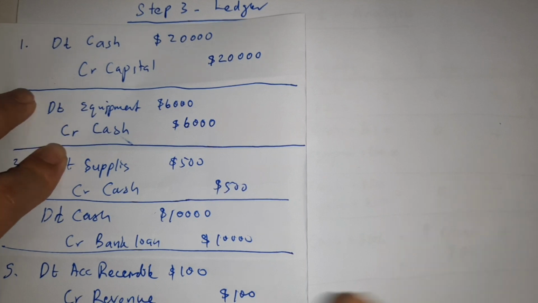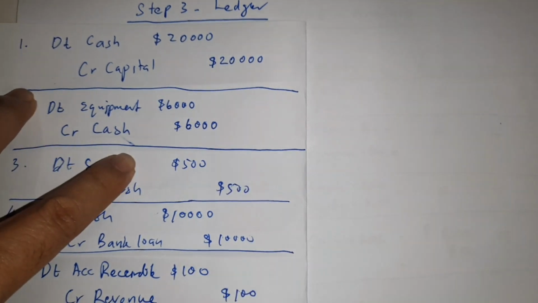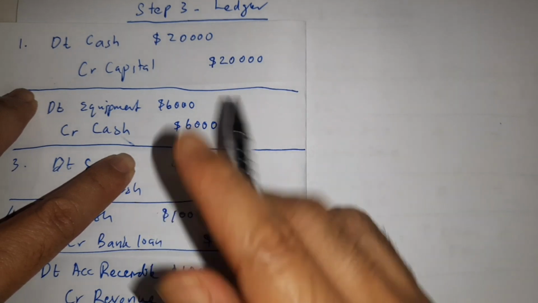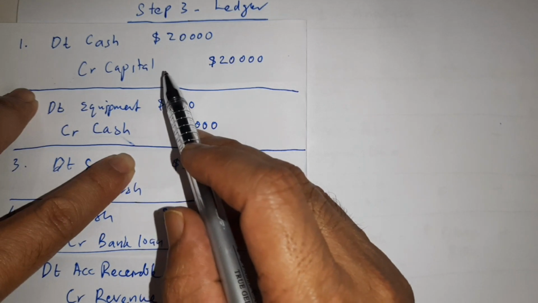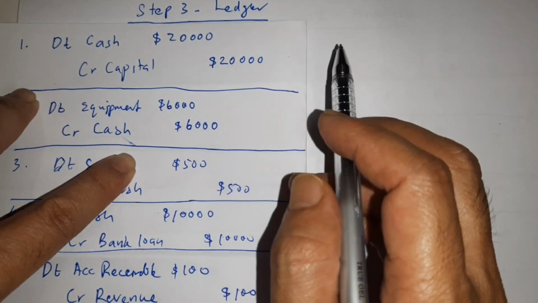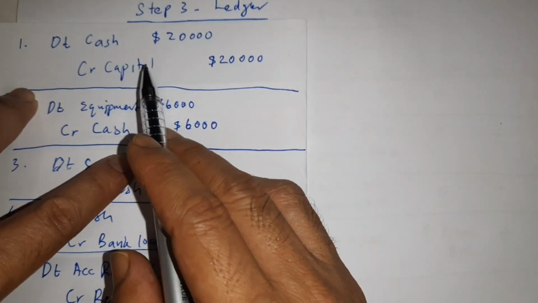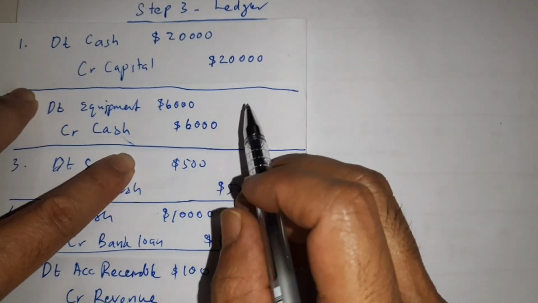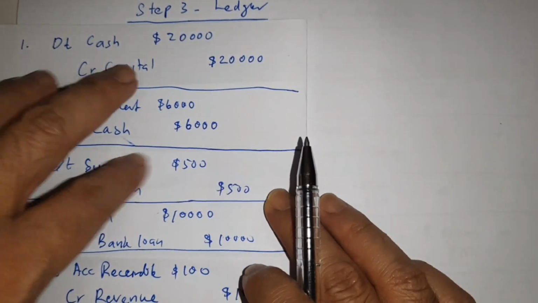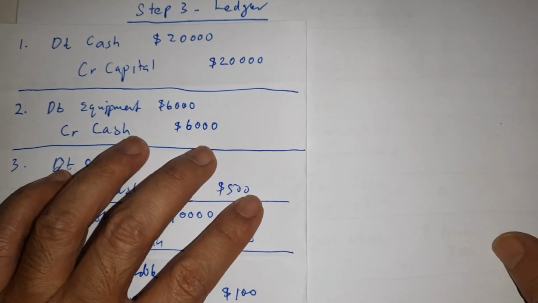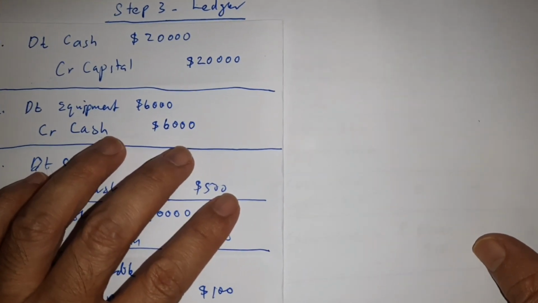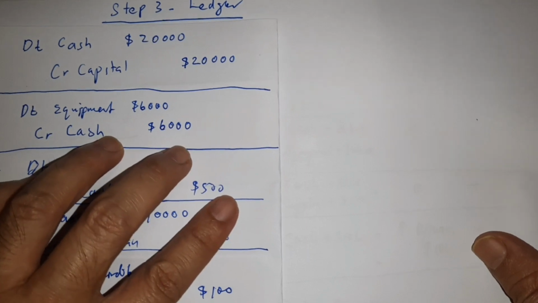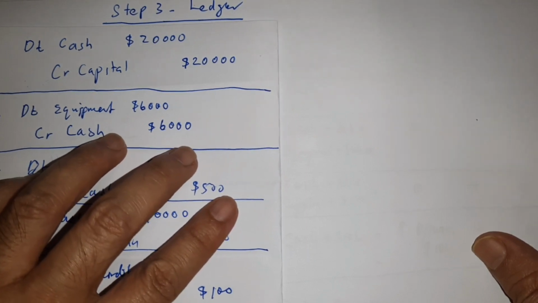Okay, now we start preparing the ledger. The process of preparing the ledger is called posting journal entries into the ledger, or transferring all the journal entries into the T accounts. Like I said earlier, in the ledger there are many T accounts. You have to prepare many T accounts.